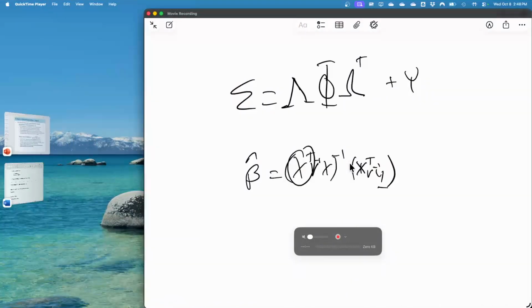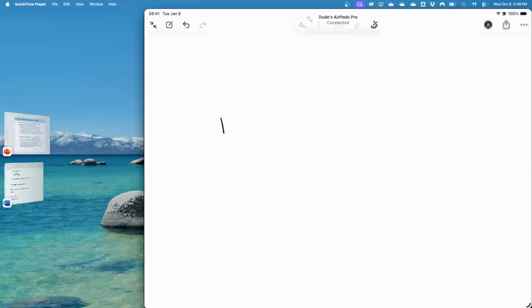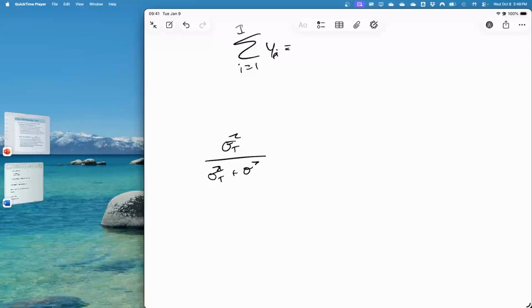What we could think about there is the following. If we're taking the sum of items equals 1 to the number of items of y sub i for a person, right? So in this case, person and item, we can trace out the idea of reliability this way. Remember, reliability is the variance of the true score over the variance of the true score plus the variance of error.